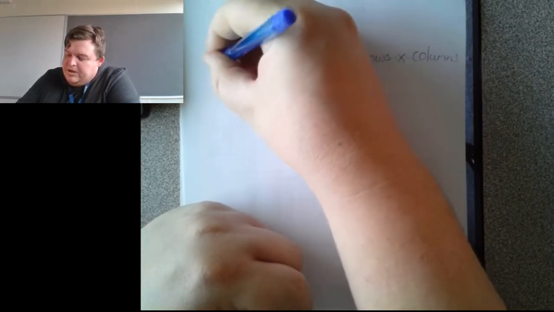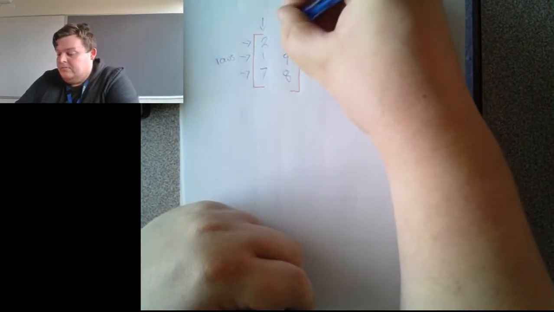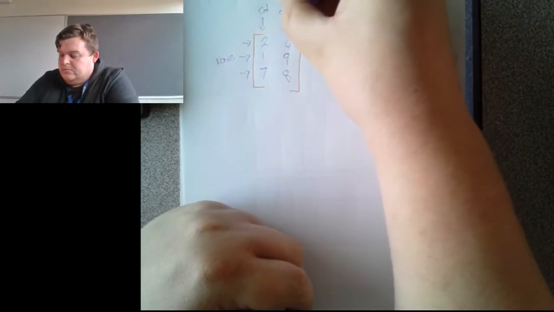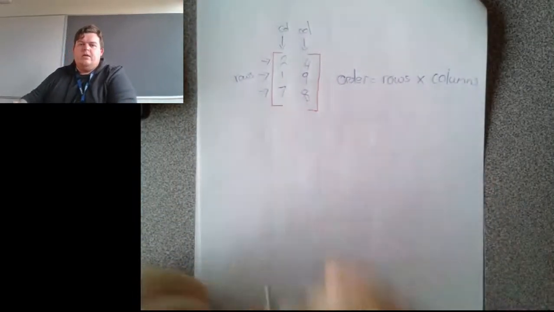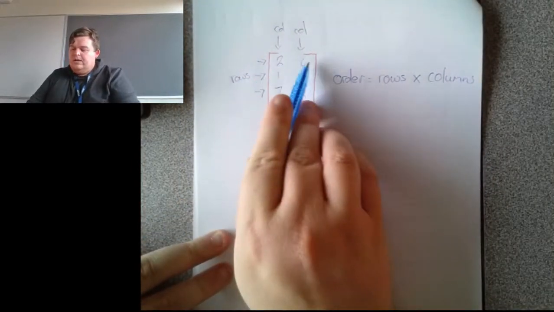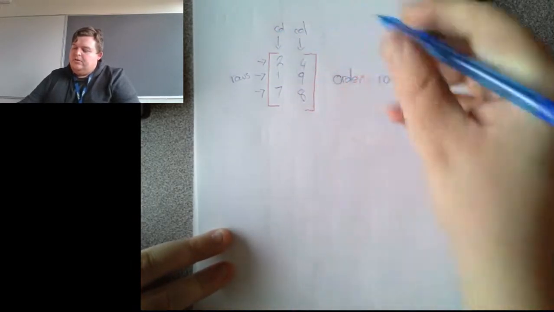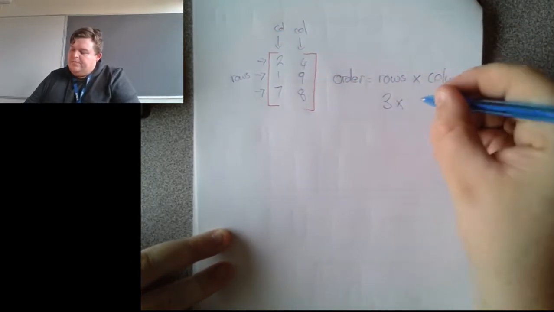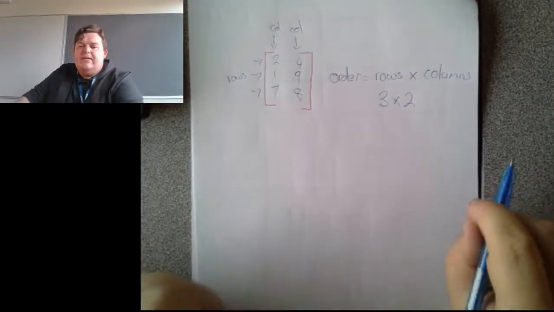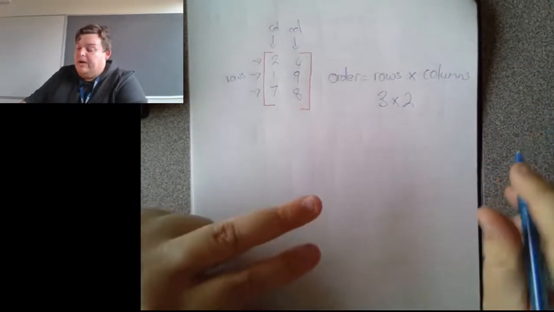Rows go sideways, columns go up and down. In this case, we have 3 rows and 2 columns. So we have 3 by 2, and that's how it's read, not 3 times 2, 3 by 2.